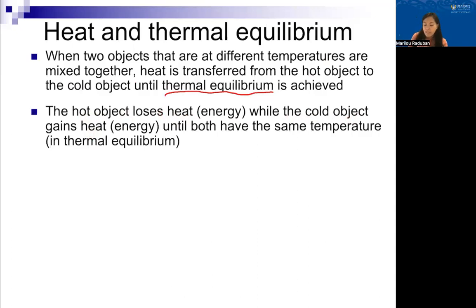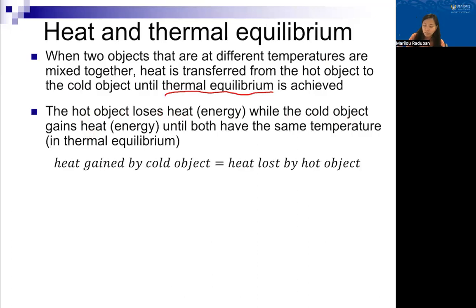So if we put these statements into a mathematical equation, then we can say that the heat gained by the cold object will be equal to the heat lost by the hot object, right? Because with two objects at different temperatures, heat will transfer from the hot object to the cold object. The hot object will lose heat, while the cold object will gain heat.